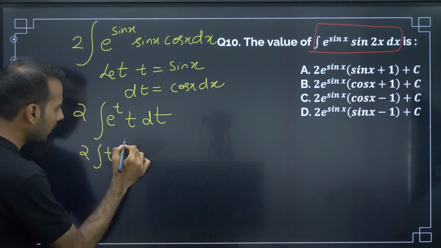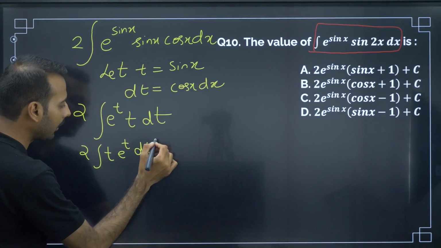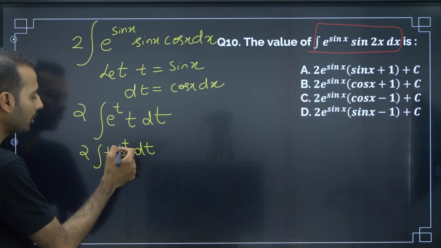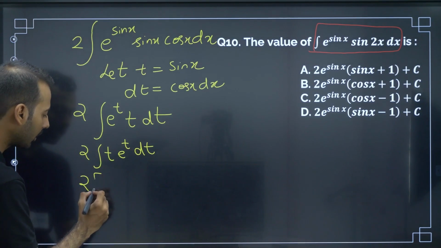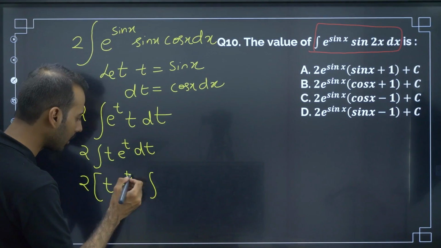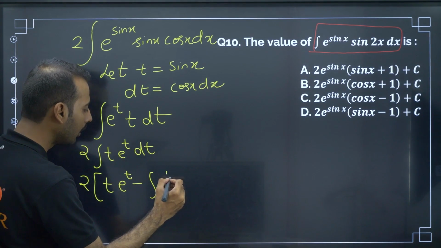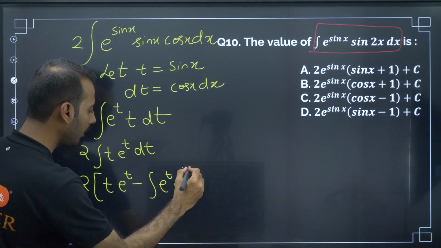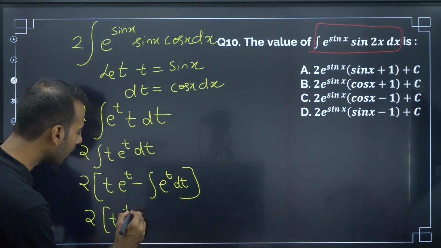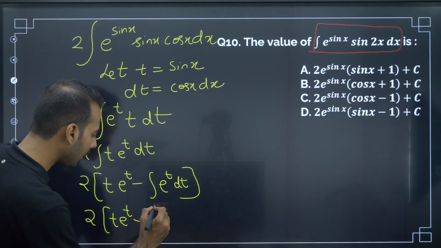First function as it is, next e raised to t. According to ILATE, e is at last, exponential we have to write last. So 2, first function as it is, integration of next, minus integration of d by dx of first function into integration of next, dt. So 2 t e^t minus e^t.